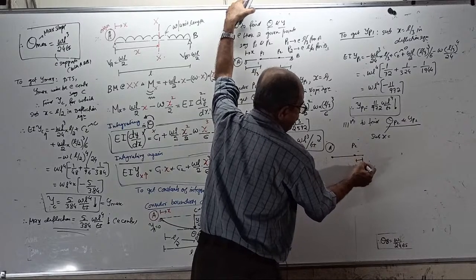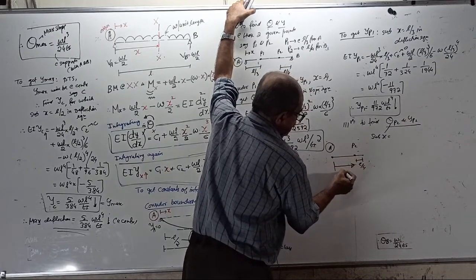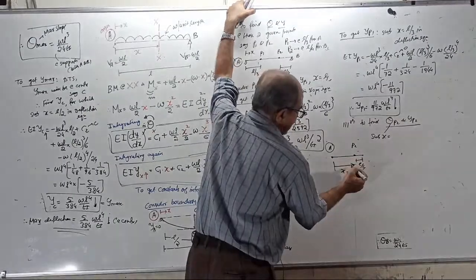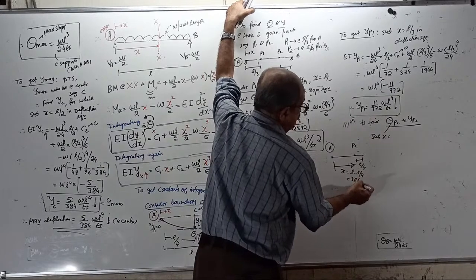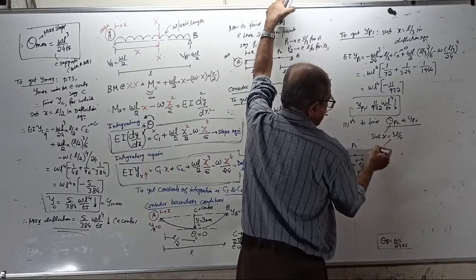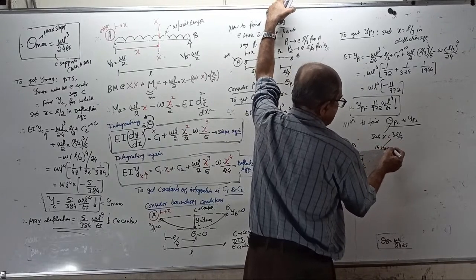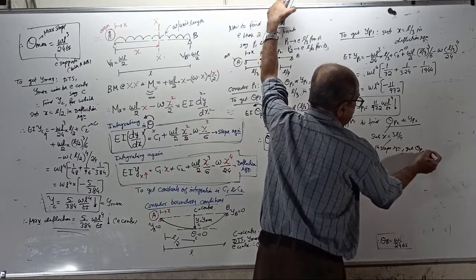This is L by 4. But you should substitute from origin. Your x will be equal to L minus L by 4, equal to 3L by 4. X equal to 3L by 4. First, in the slope equation, get theta P2 equal to.